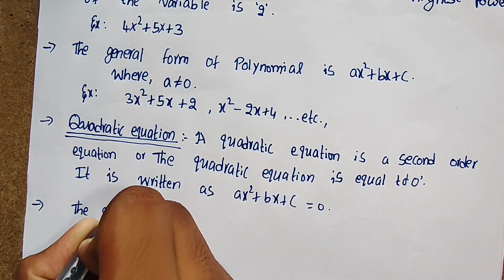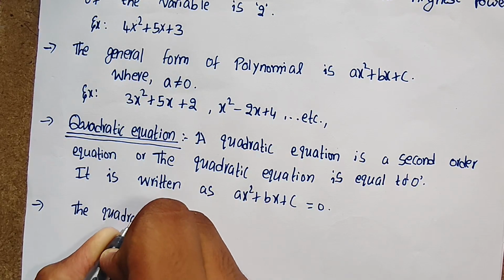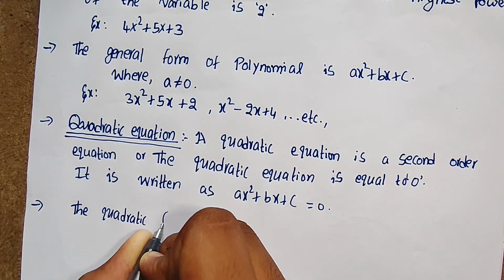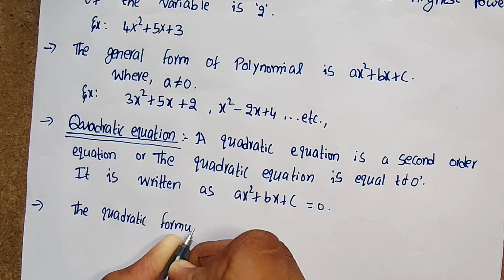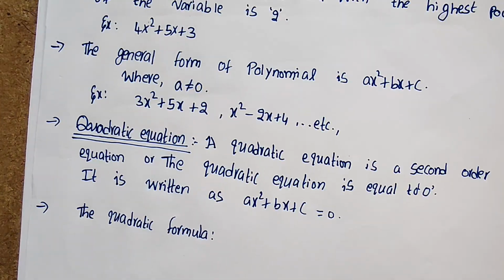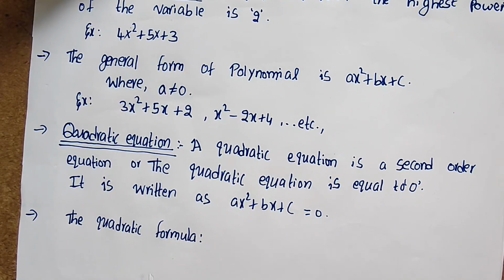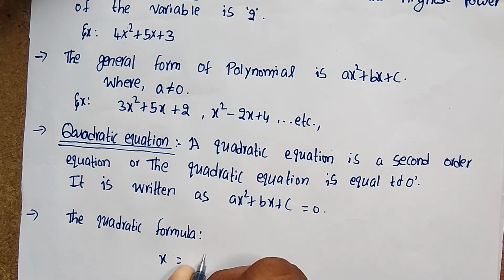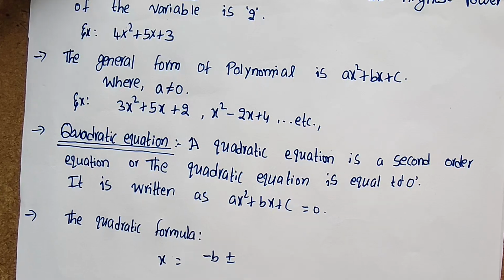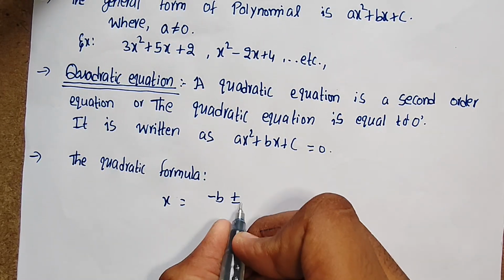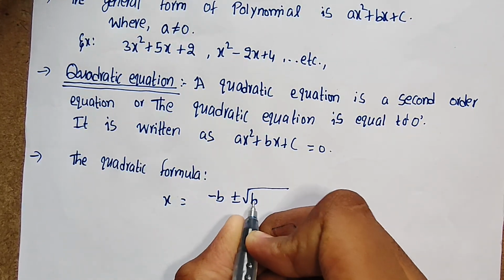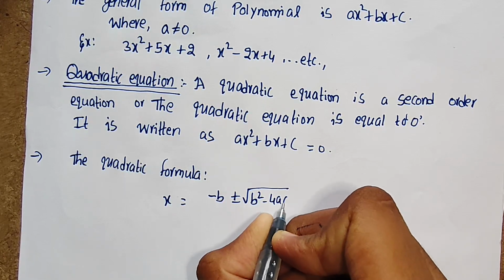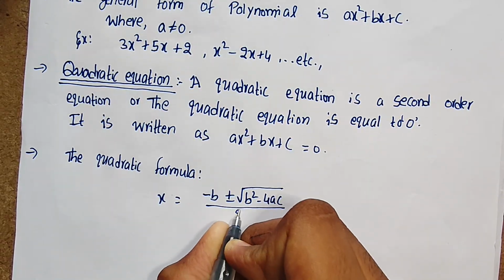The quadratic formula is x equals minus b plus or minus square root of b square minus 4ac, divided by 2a.